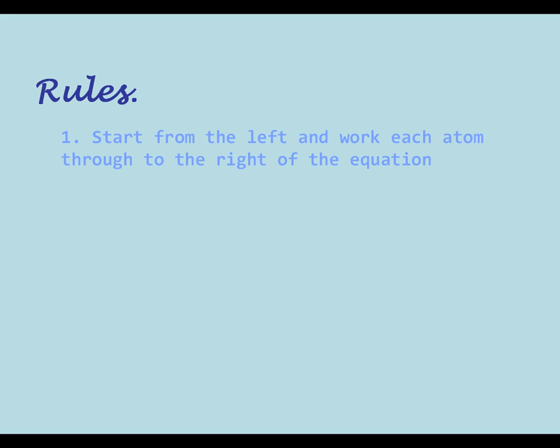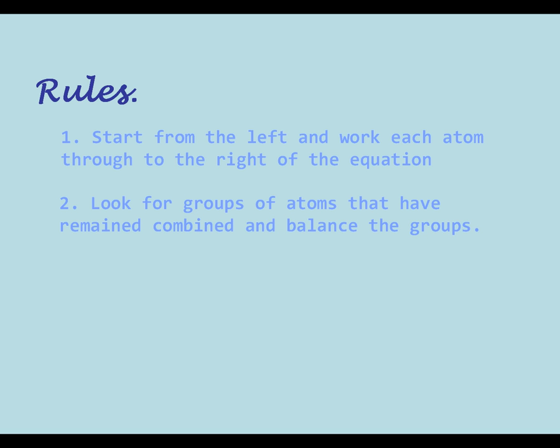So just to summarize the rules at this point, the first rule is that you have to start from the left and work each atom through to the right of the equation, ensuring that the numbers of atoms on both sides and types of atoms on both sides of the equation are equal. Rule number 2, you can look for groups of atoms that have remained combined, and you can balance the groups, and that speeds things up for you.